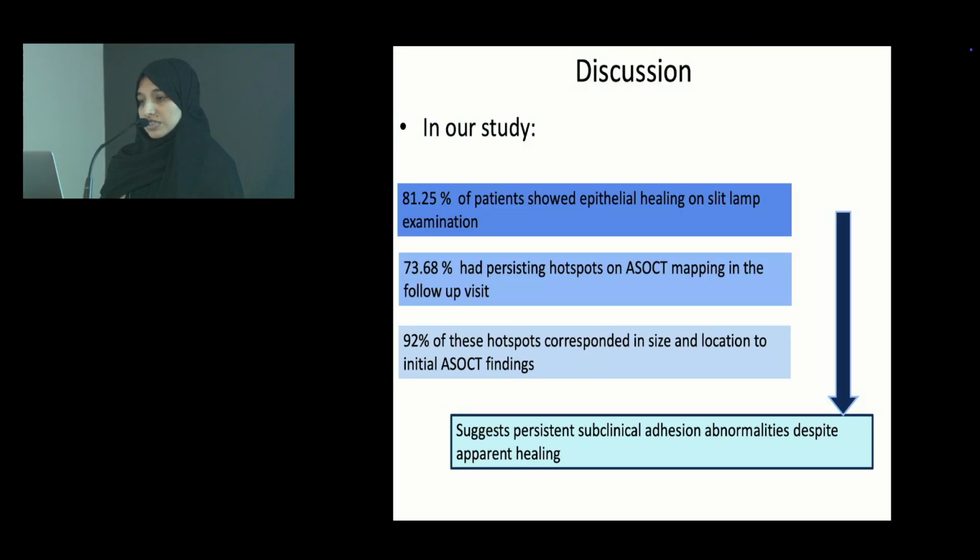Our study strengthens this finding. Most patients had their epithelial erosion healed on slit lamp examination, but 73.6% had a persisting hotspot on ASOCT epithelial map at follow-up, mostly corresponding in size and location. These findings suggest a persistent subclinical adhesion abnormality despite apparent healing of the cornea.